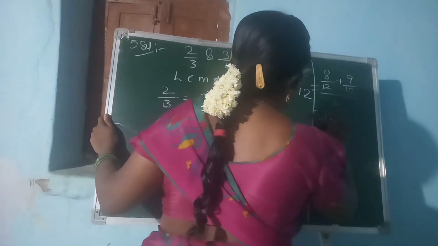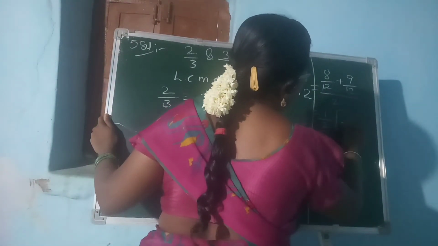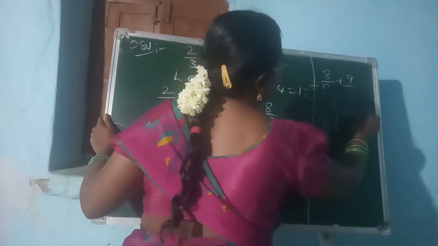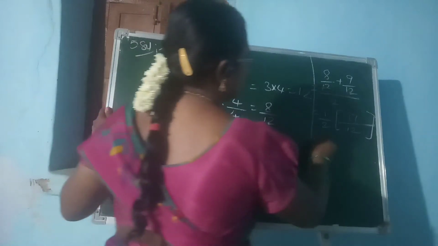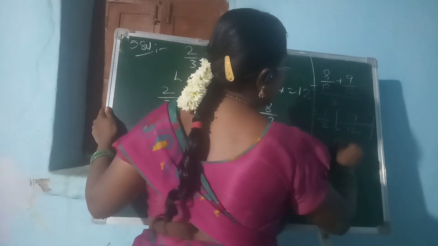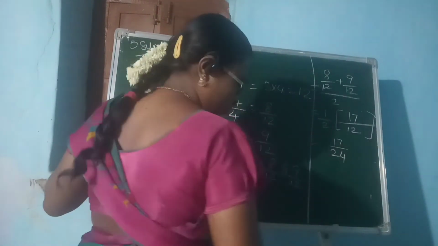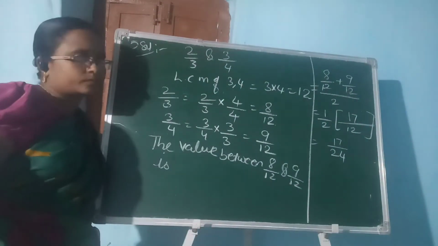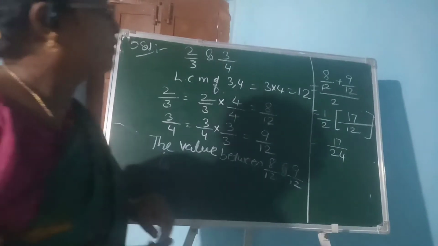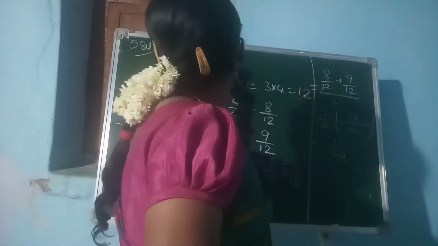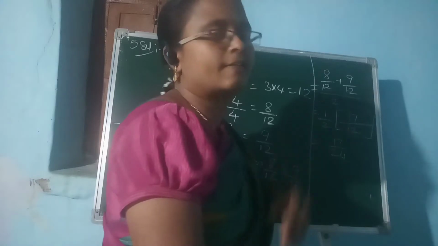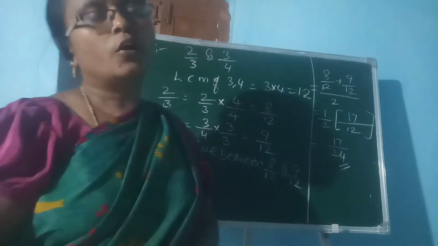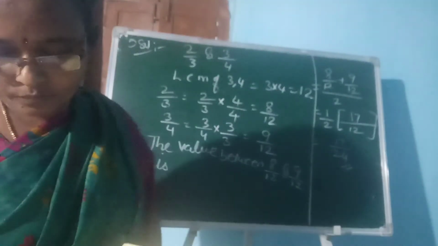So 1 by 2 I am taking common here, and these are like fractions, so I am taking the denominator 12. 8 plus 9 is 17. 17 into 1 becomes 17, and 12 2s are 24. So students, the value between 2 by 3 and 3 by 4 is 17 by 24. That is the number between 2 by 3 and 3 by 4.